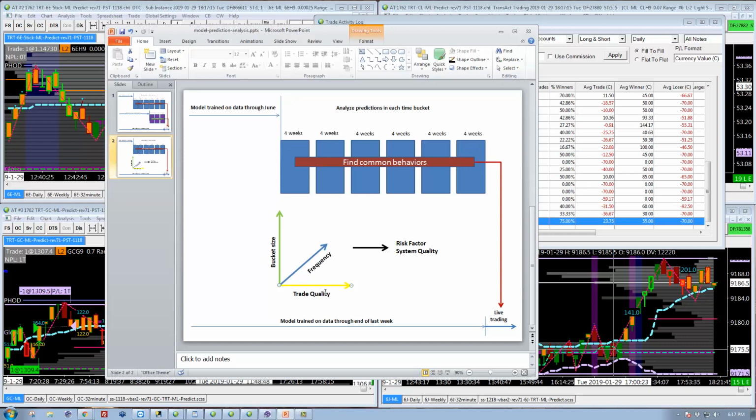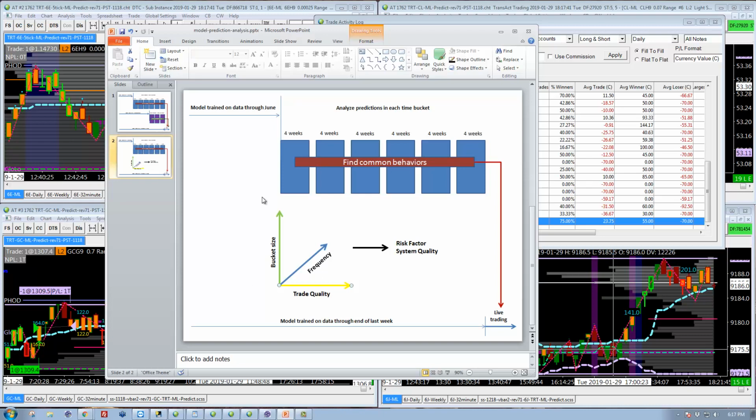But then there's also a concept of frequency. How often do I need to see that trade show up in the list of high quality trades, or that behavior show up in the list of high quality behaviors that occurred in each of the buckets? Whether it's twice or 3 times or 4 times, these are now knobs and dials I can turn.